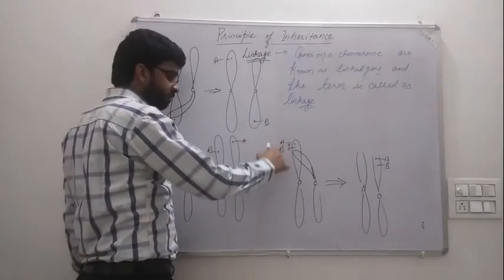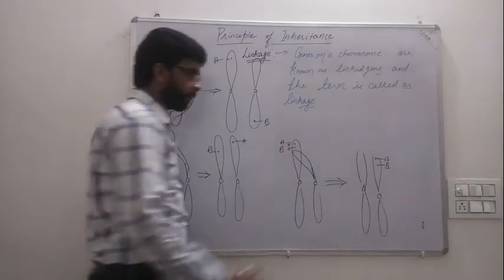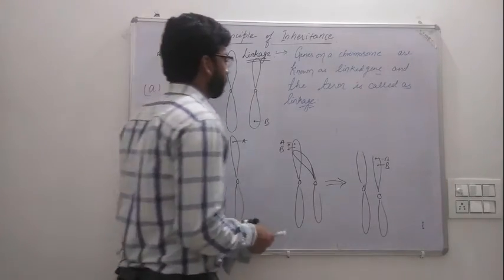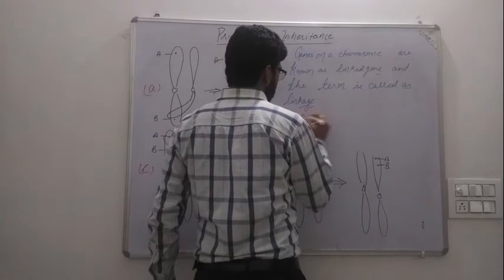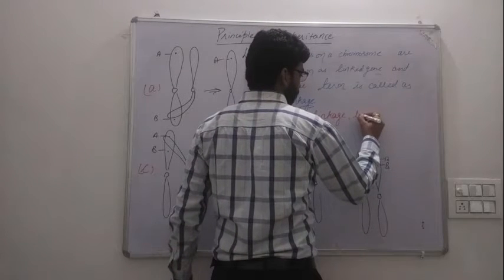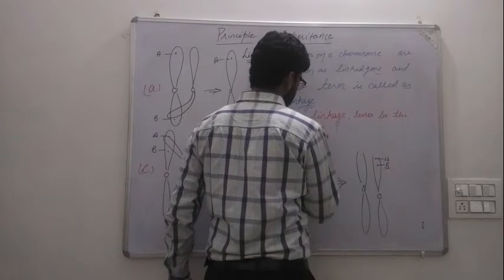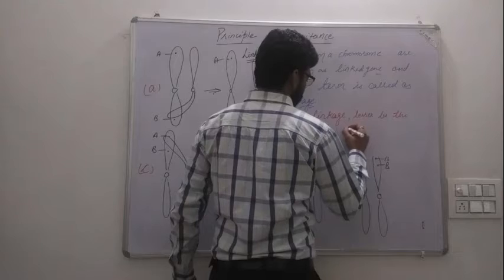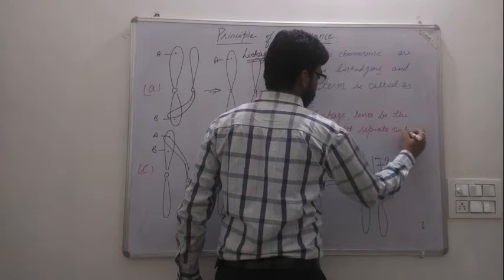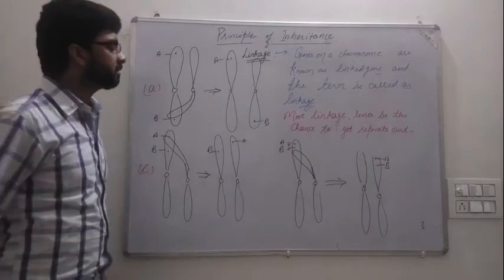Now, when linkage is more, then the chance of separation is lesser. More linkage, lesser the chance to get separated.